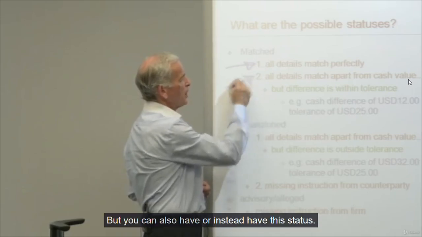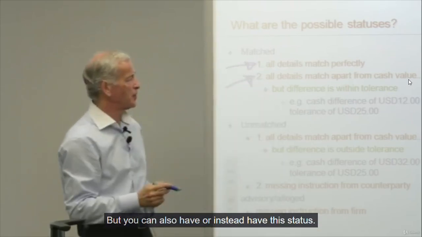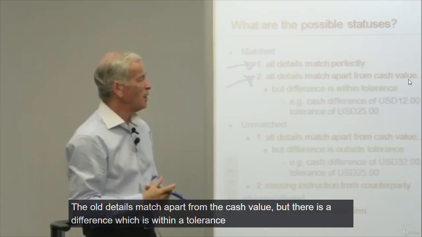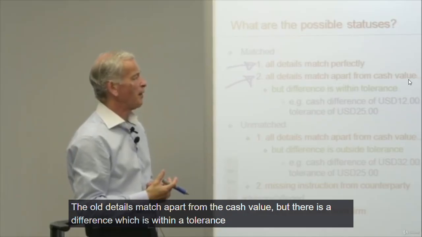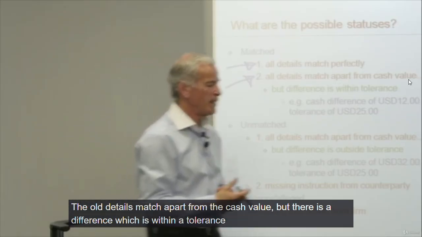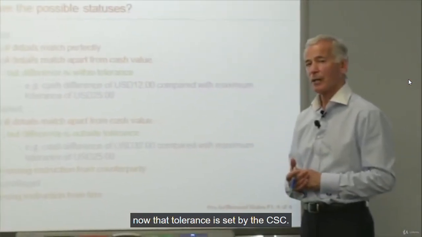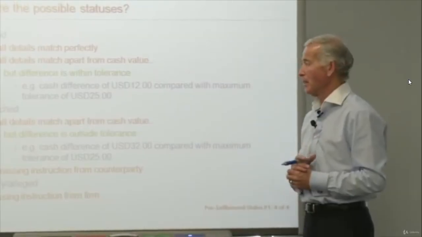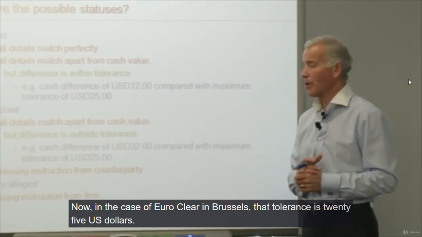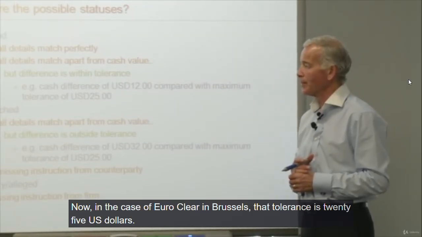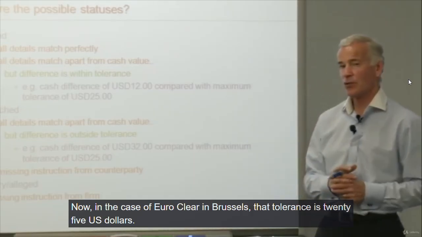But you can also have, or instead have, this status, that all details match apart from the cash value, but there is a difference which is within a tolerance. That tolerance is set by the CSD. In the case of Euroclear in Brussels, that tolerance is $25 US.